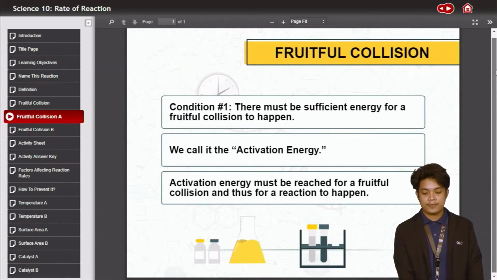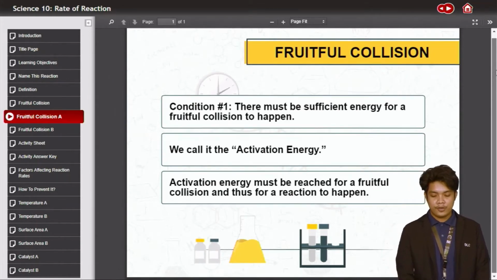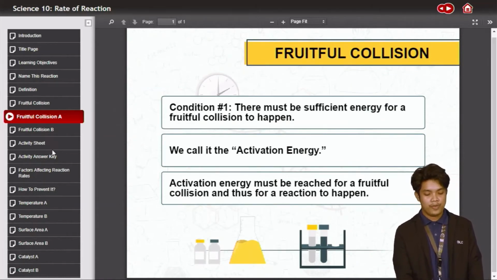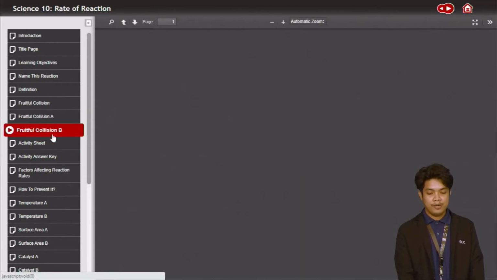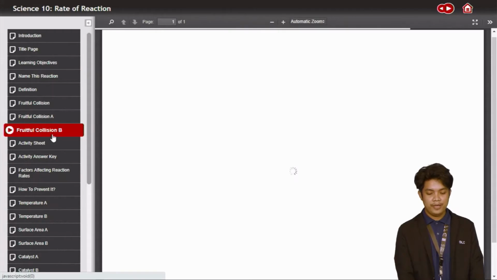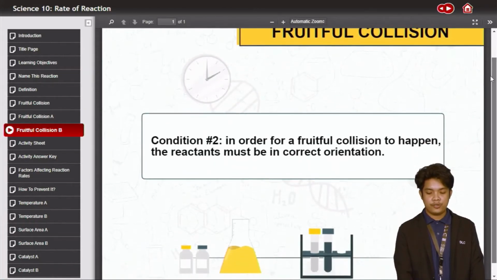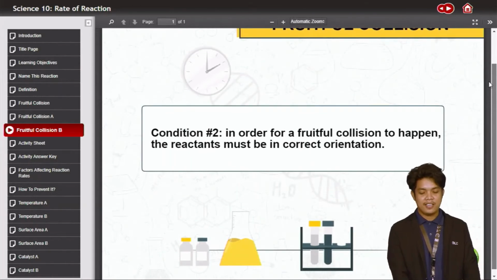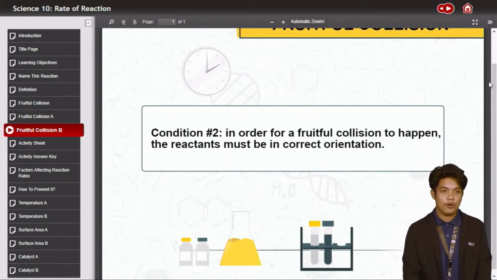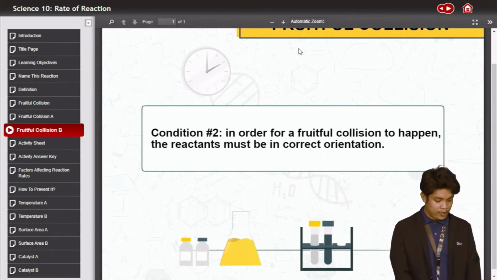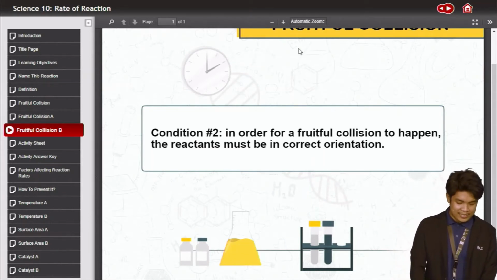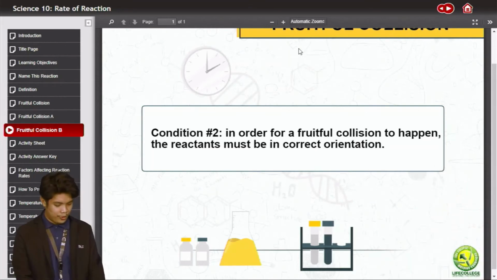Activation energy must be reached for a fruitful collision, and thus for a reaction, to happen. Condition number two: in order for a fruitful collision to happen, the reactants must be in correct orientation. Now for our activity, pause this video as you answer the activity sheet on your notes.